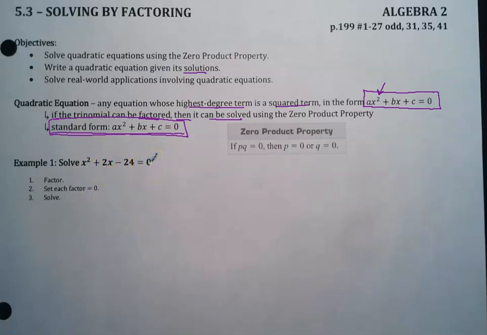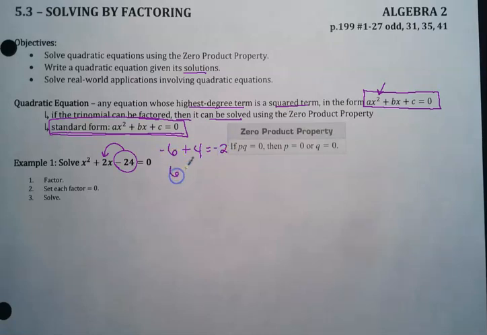All right, example 1: solve x squared plus 2x minus 24 equals 0. The first thing we're going to do is factor it. Do you remember how to factor the trinomial? We don't have an a term, right? So we just take the c term and try to find the product that sums to a positive 2. So with negative 24, I could have negative 6 plus 4, that equals negative 2.